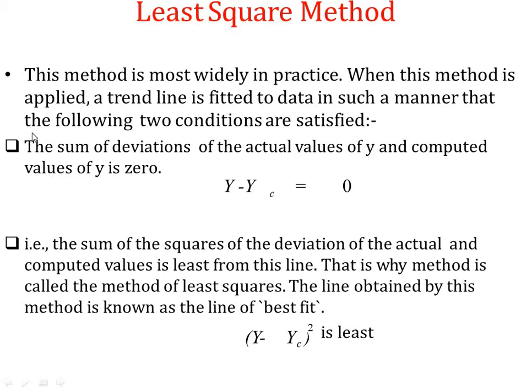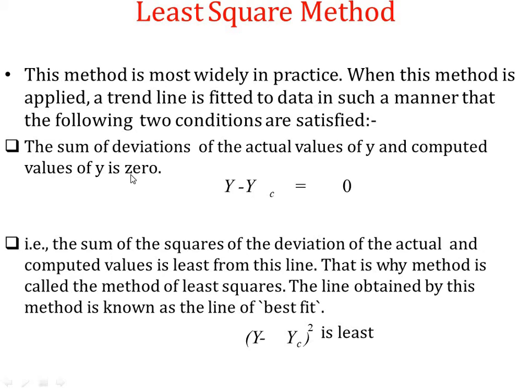When I am fitting a line using the data given, what are the basic parameters of the least square method? The sum of deviations of the actual values of y and computed values of y must be 0. What does it mean?